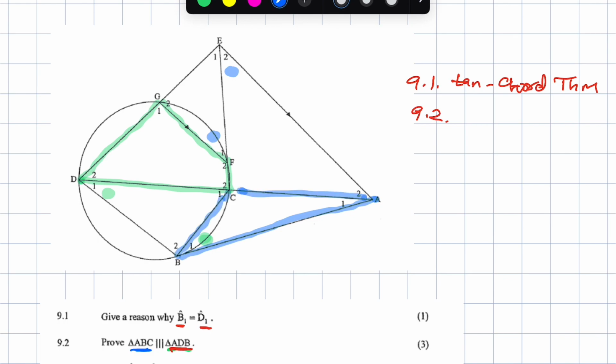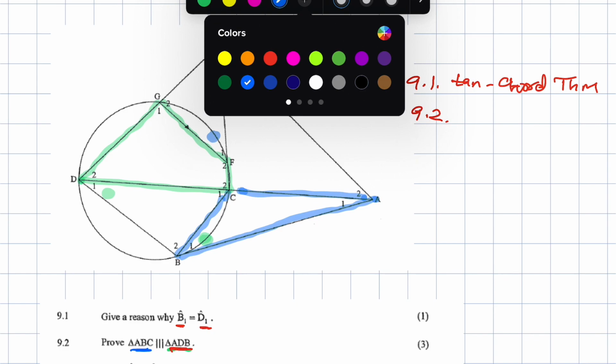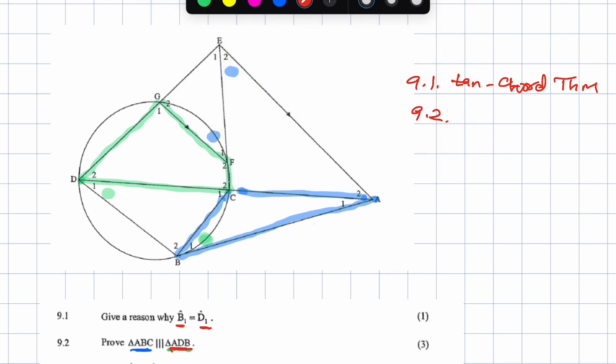Then the other triangle is triangle ADB. Triangle ADB will be the red triangle. So the blue, we're proving that the blue triangle is similar to the red triangle.